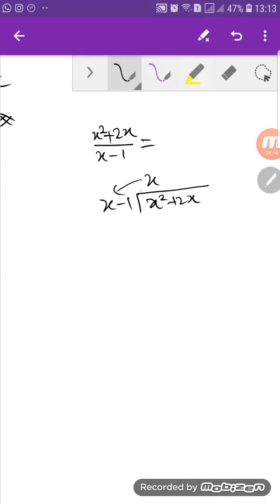So x multiplied by x minus 1 is x squared minus x, so subtracting, we get 0, and 2x minus minus x is plus 3x. Okay, so over here we can just proceed. Plus 3 multiplied by x minus 1 is 3x minus 3.